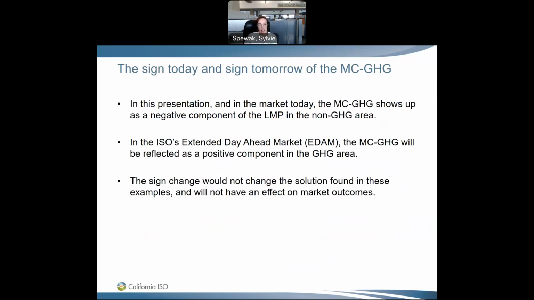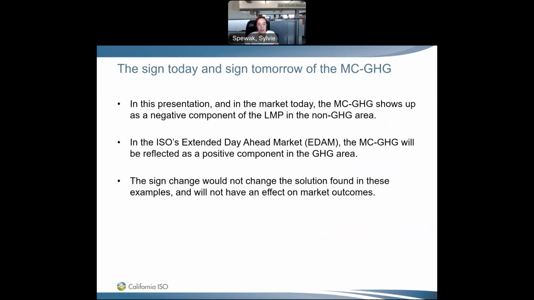In the extended day ahead market, the marginal cost of GHG will be reflected as a positive component in the GHG area. And I'll be able to show you in Chapter 4 what this looks like in practice, but the key takeaway should really be this.